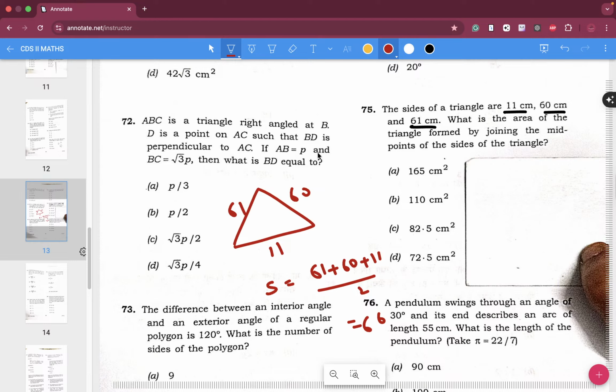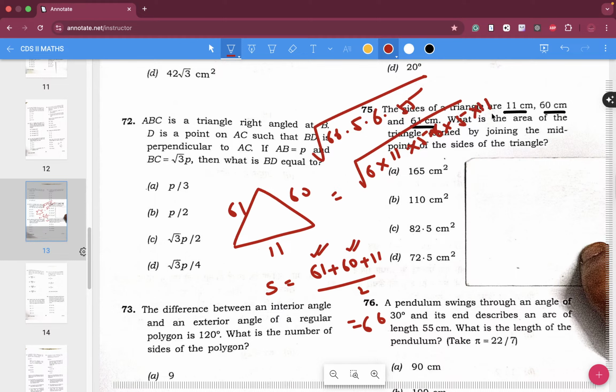Now the area of this scalene triangle is given by Heron's formula, the square root of S into S minus A into S minus B into S minus C. S minus A is 5, S minus B is 6, and S minus C is 55. So we get 6 into 11 into 5 into 6 into 5 into 11.